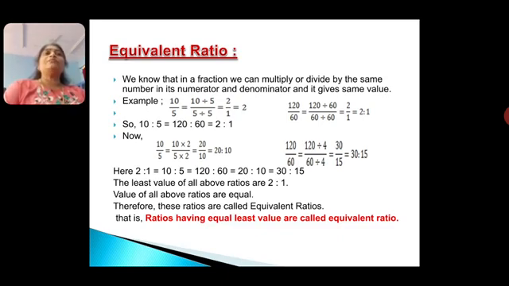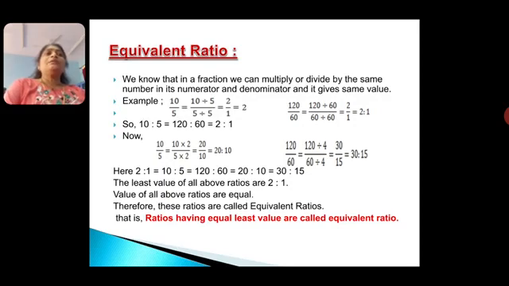In the fraction 10 by 5, if we divide numerator 10 and denominator 5 by 5, then we get 2 ratio 1. That means 2. Similarly, the fraction 120 divided by 60, if we divide 120 and 60 by 60, then we get the ratio 2 ratio 1. So, 10 ratio 5 equals 120 ratio 60 equals 2 ratio 1.